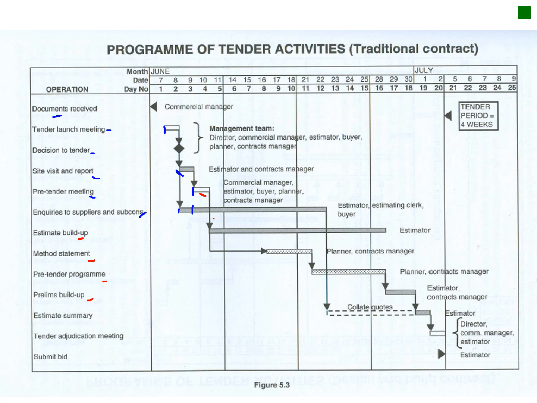Your prelims is then built up based on this, and then your estimate summary is compiled, and then you've got your tender adjudication meeting where everyone sits around the table, director, manager, estimator, and so on, to discuss the tender, whether everything is included, anything that was maybe flagged, and then the director signs it off and it is submitted. Okay.